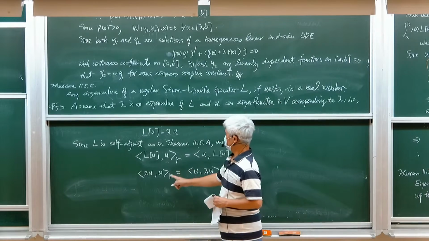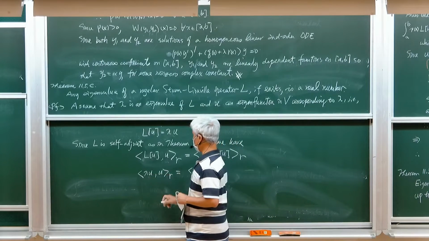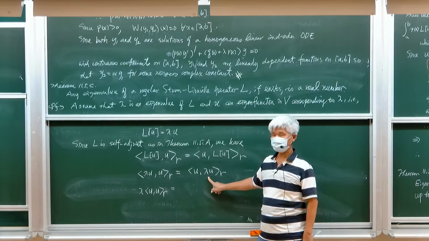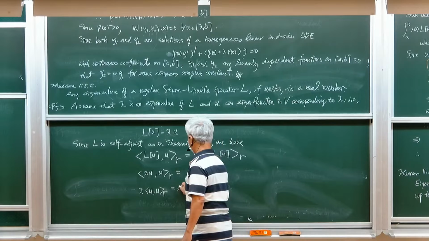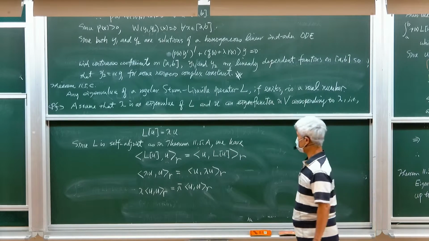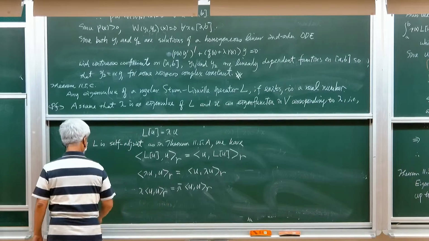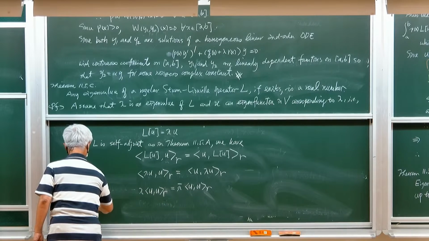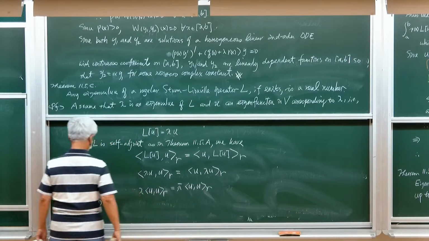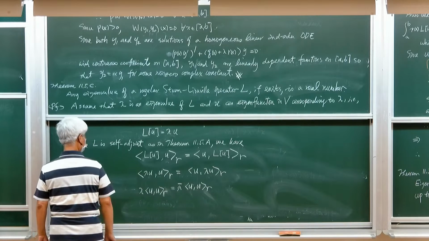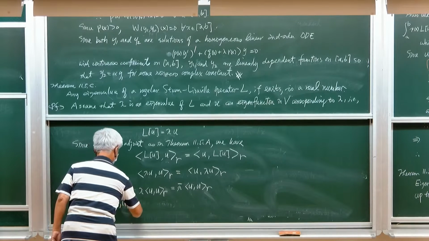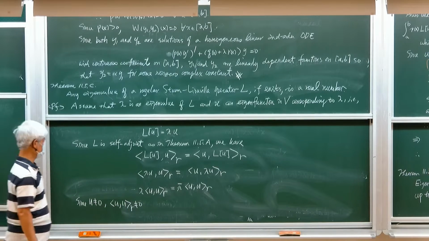Now, the inner product is linear in the first argument, so we have lambda times the inner product of U with U. But the inner product is conjugate linear in the second argument, so we have lambda bar times the inner product of U with U. Now since U is not zero, the inner product is not zero.